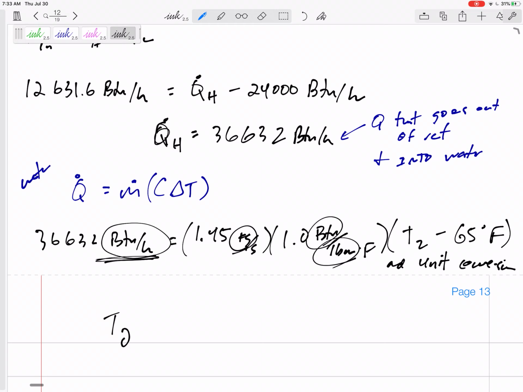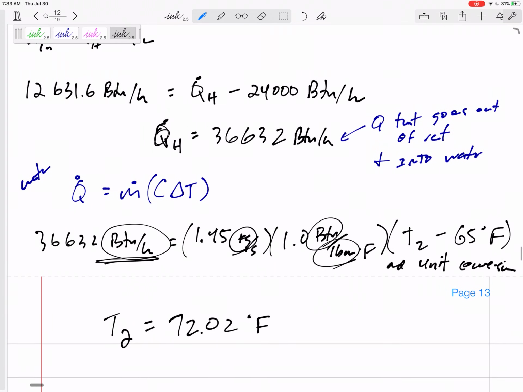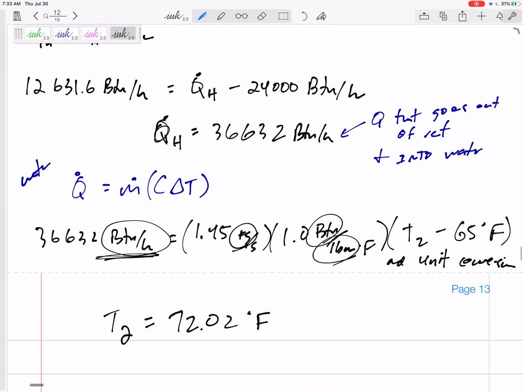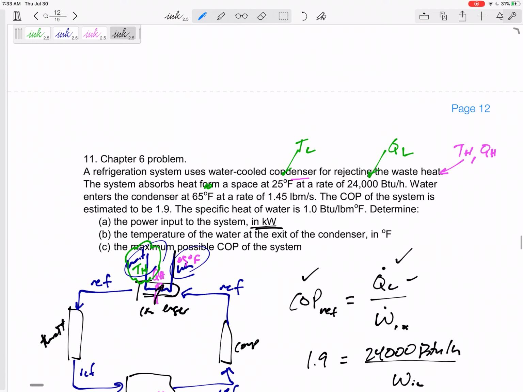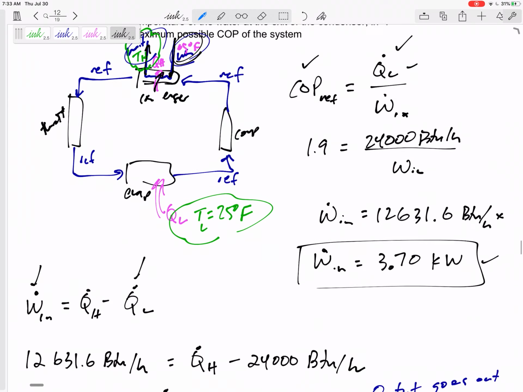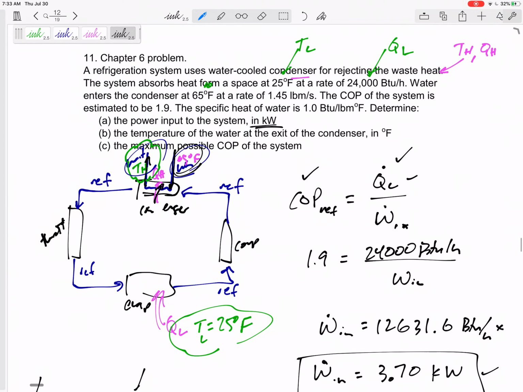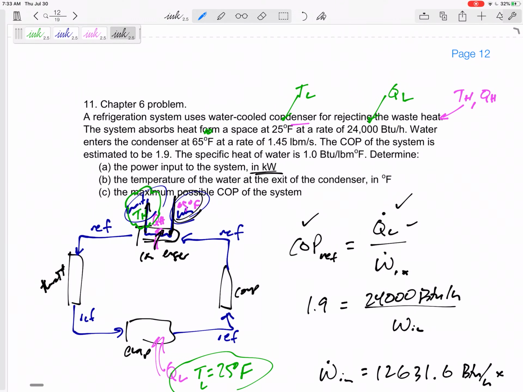All right. I've got T2, 72.02 degrees Fahrenheit. So this water that's entering the condenser enters at 65 degrees. The water that's exiting exits at 72.2 degrees.